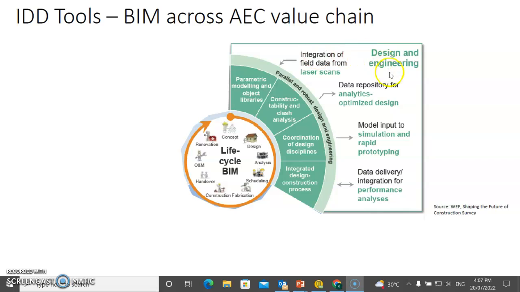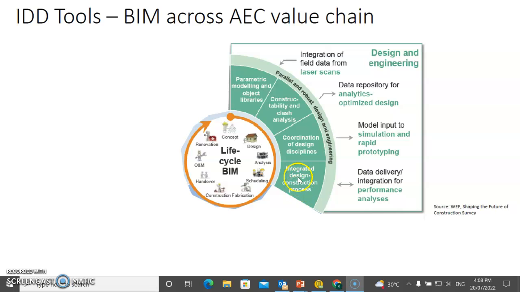These are the benefits that BIM offers during the design and engineering stage. You can use building information modeling to do your parametric modeling and create your object libraries for your different building components. Then you can make use of BIM to carry out clash detection and analysis. You can use it to coordinate the different design disciplines, the mechanical piping, the aircon ductwork, and so forth.